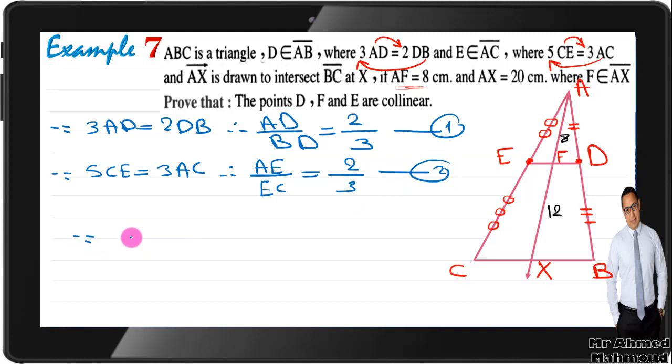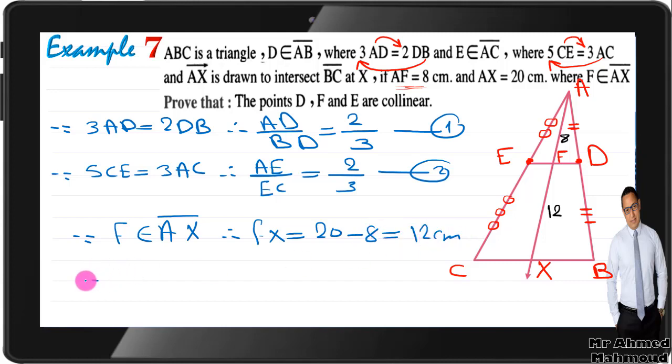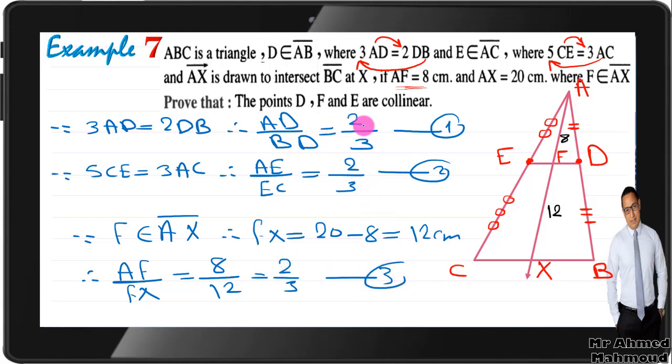Since F belongs to AX, therefore FX equals 20 minus 8 equals 12 centimeters. Therefore AF over FX equals 8 centimeters over 12 centimeters equals 2 over 3, and this is number 3. 1 equals 2 over 3, 2 equals 2 over 3, 3 equals 2 over 3.